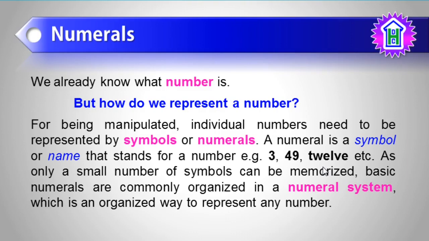For example, 3, 49, 12, etc. As only a small number of symbols can be memorized, basic numerals are commonly organized in a numeral system, which is an organized way to represent any number.